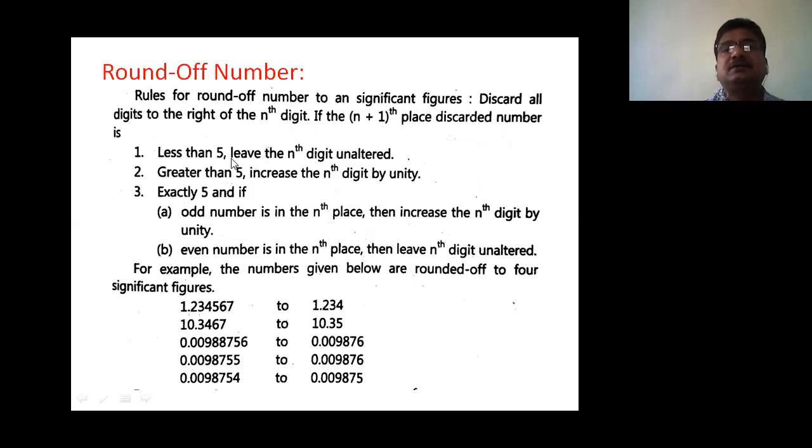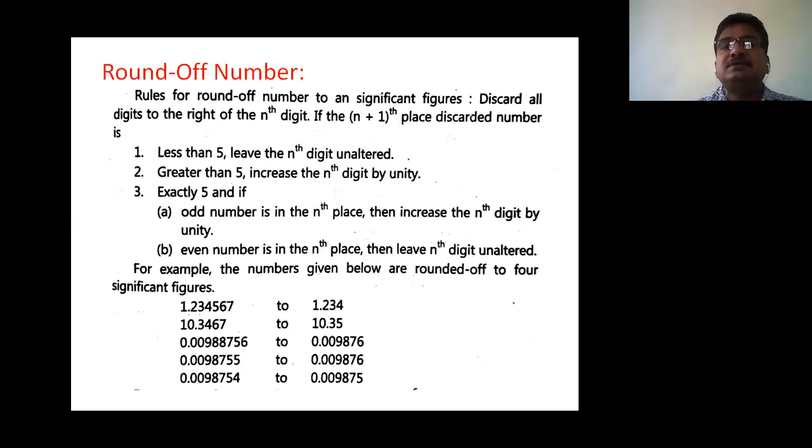The next is rounding up the number. So we can round up the numbers by using these rules. The first rule is what? Suppose we have to discard all digits right of the nth digit. So we observe the n plus 1th digit of that number. Suppose we have to discard all digits after 5 decimal places, 4 decimal places.